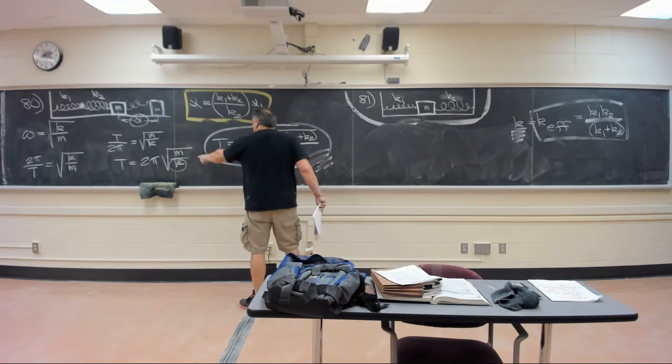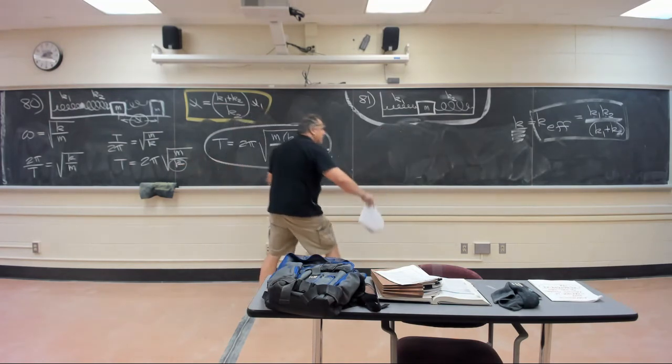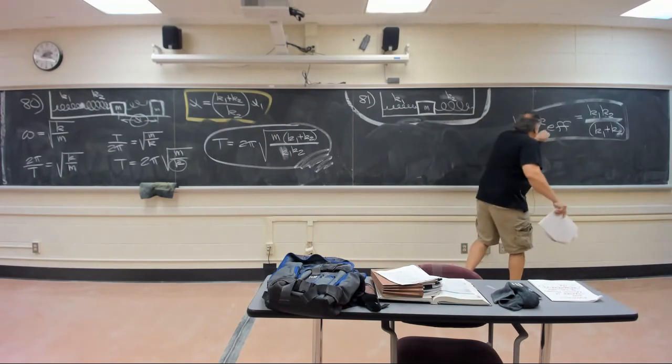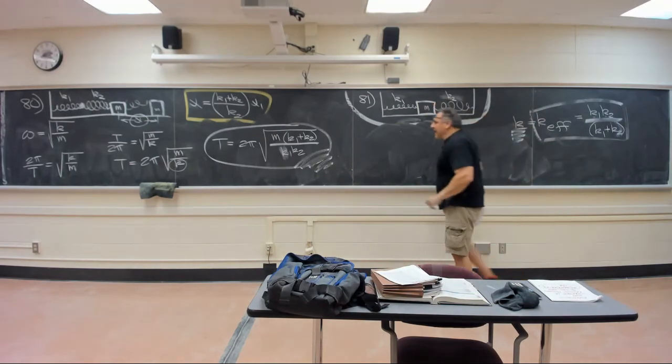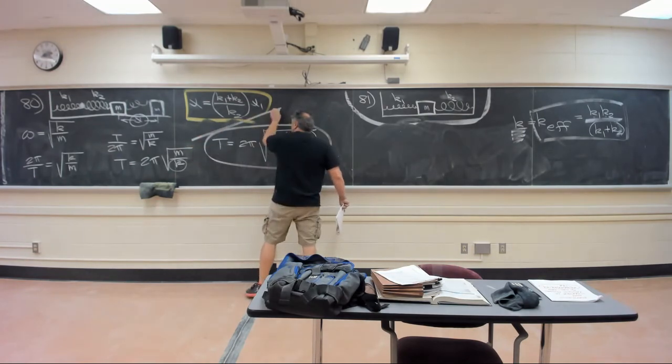How'd that happen? Because the K, which is K effective right here, ignore this, we haven't activated that guy yet.